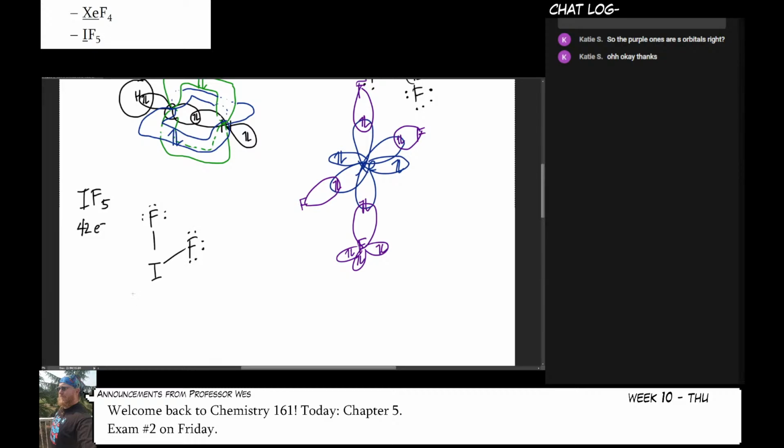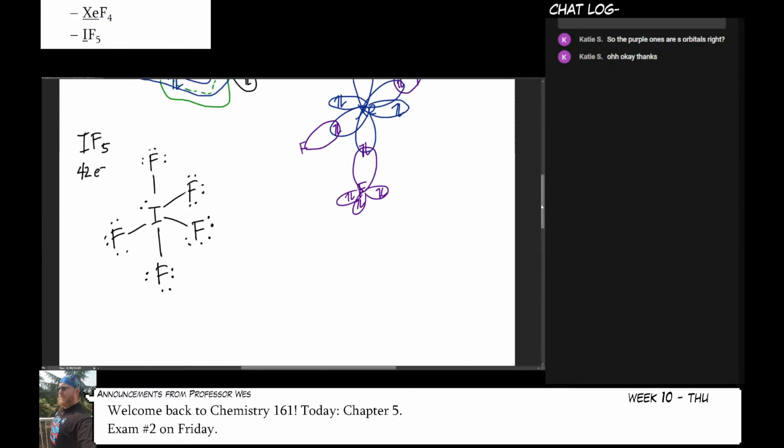Oh my goodness, this pen. 16, 24, 32, 40, 42. So I still have 6 domains for my electrons.